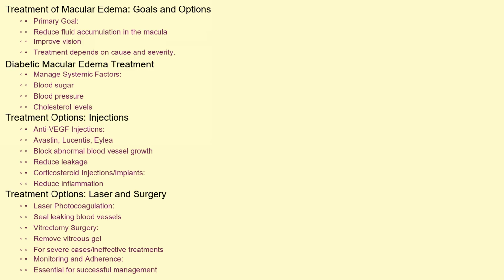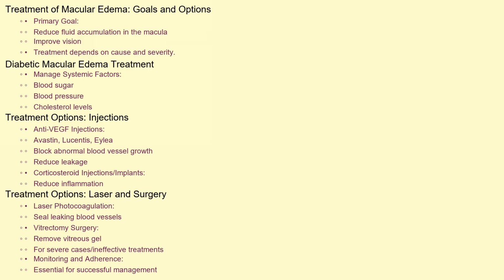The primary goal of treatment is to reduce fluid accumulation in the macula and improve vision. Treatment options depend on the underlying cause and severity of the condition. For diabetic macular edema, managing blood sugar, blood pressure, and cholesterol levels is crucial. Anti-VEGF injections such as Avastin, Lucentis, or Eylea are commonly used to block the growth of abnormal blood vessels and reduce leakage.